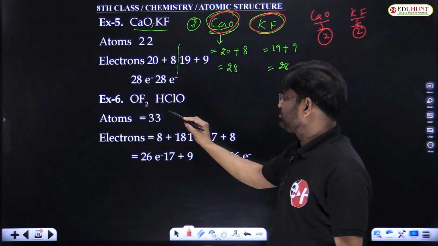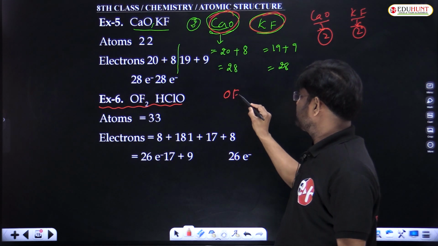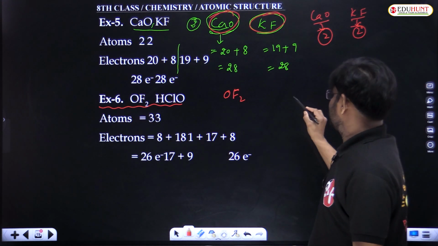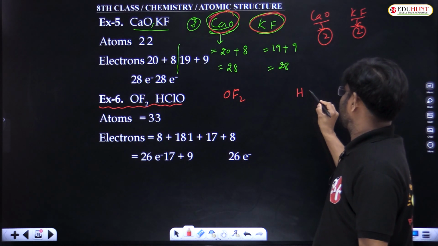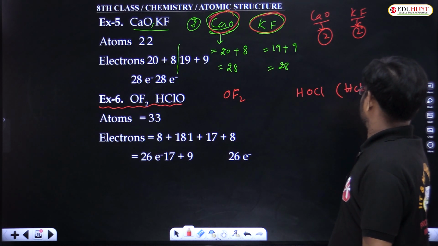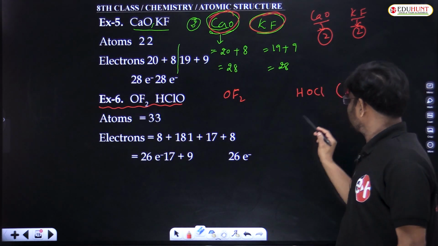Next example, OF2, oxygen difluoride, and HClO, which you can write as HOCl, hypochlorous acid.